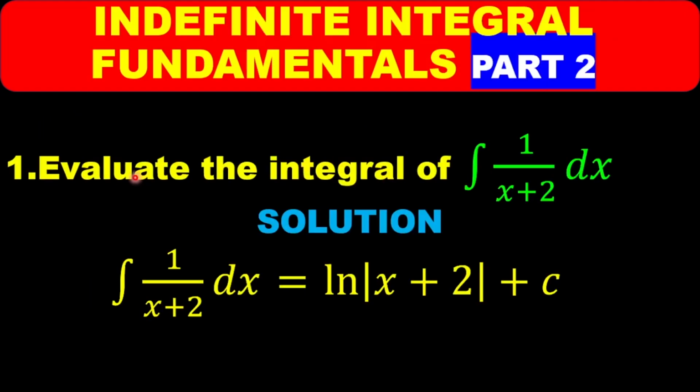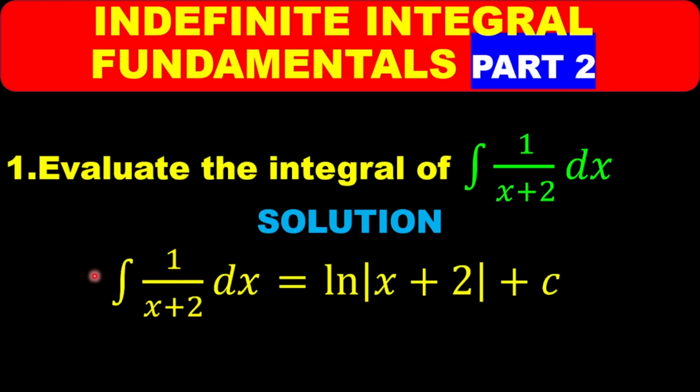Now first of all, look at this. Evaluate the integral of 1 over x plus 2 dx. By the fundamental definition, or by the standard of integration, when you have 1 over x plus 2 and you are integrating, ideally the number at the top will come out.